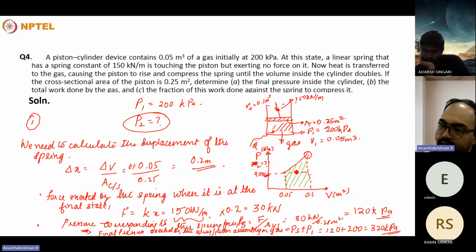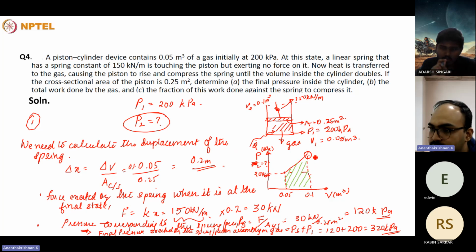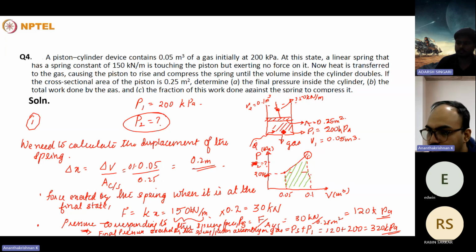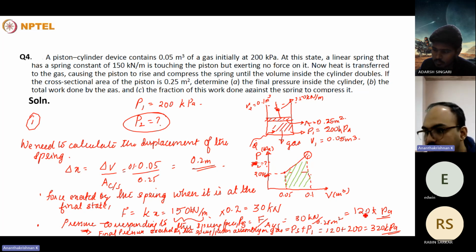Since it's a linear spring, from the change in volume you calculate the distance traveled by the spring, then multiply it by the spring constant to get the force, and divided by the cross-sectional area of the piston cylinder, you get the new pressure exerted by the spring on the gas. That plus the initial pressure will give you the final pressure.